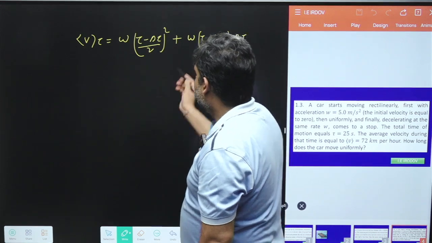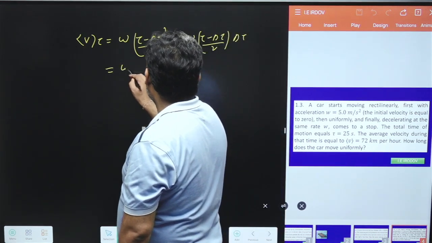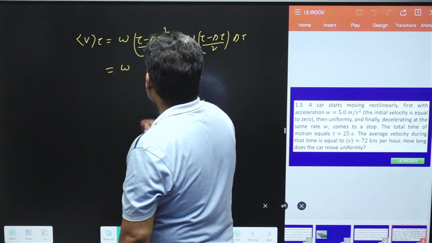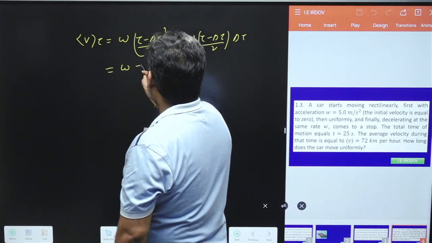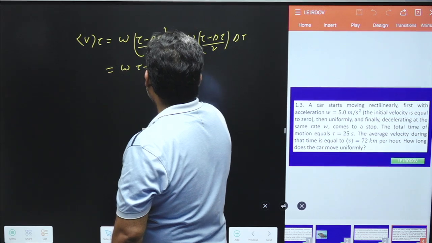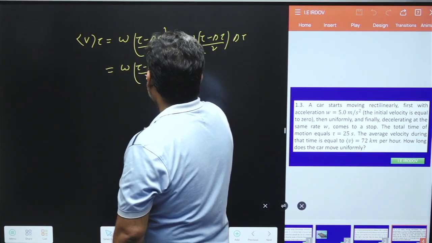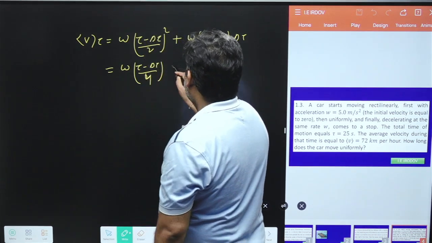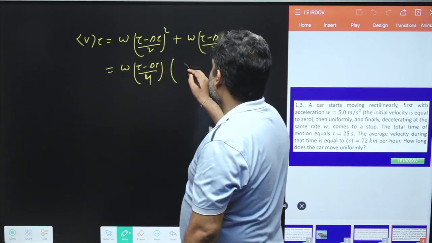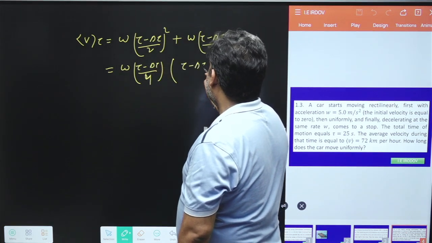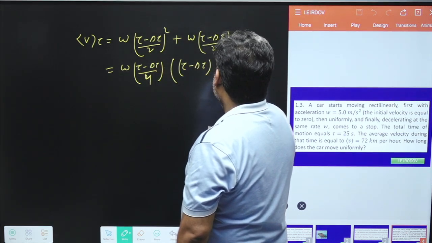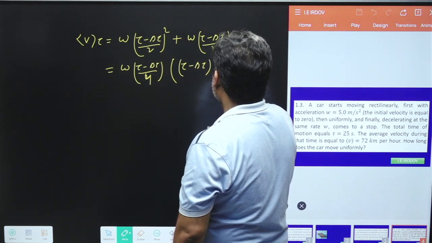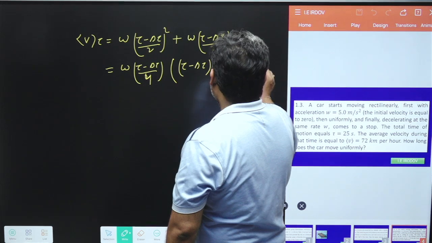So we can take w common, and we can take tau minus delta t by 2, or by 4, common, and inside this bracket we will get tau minus delta t plus 2 into delta t.